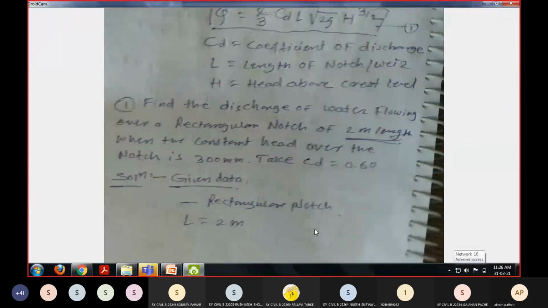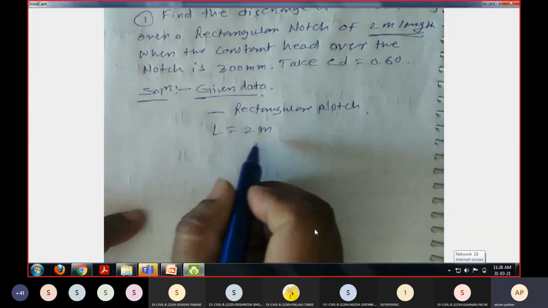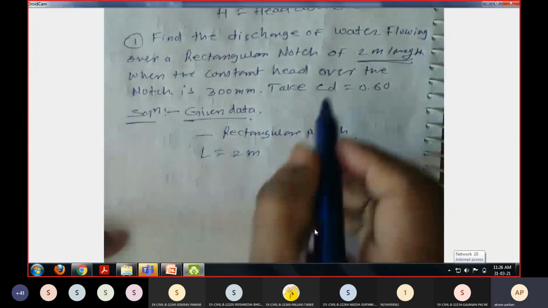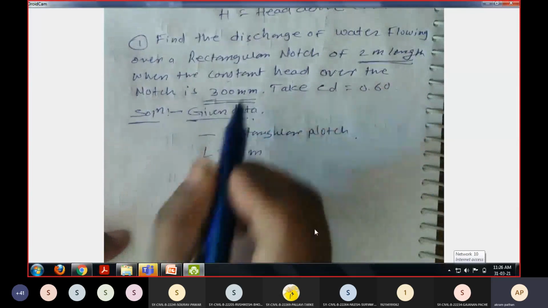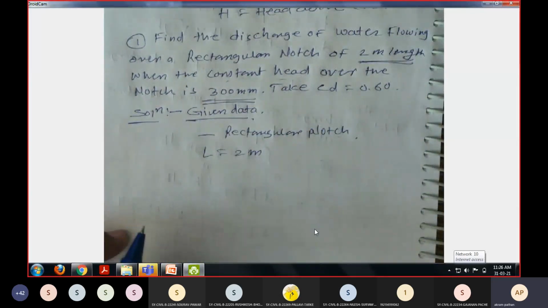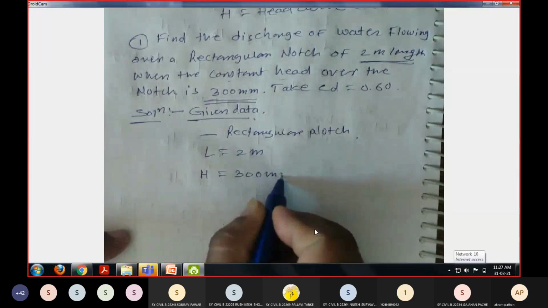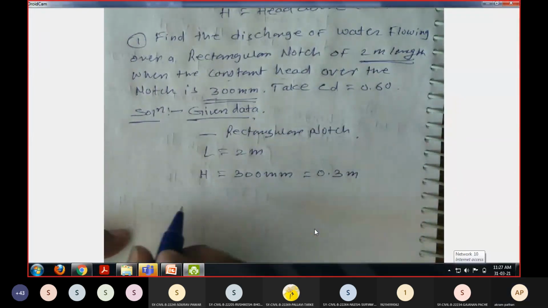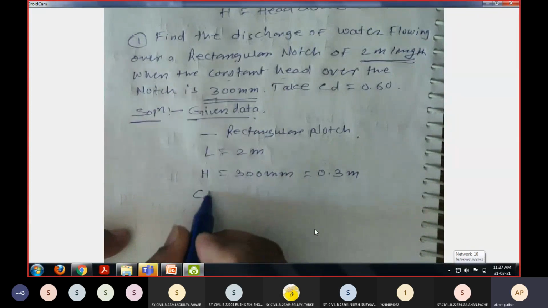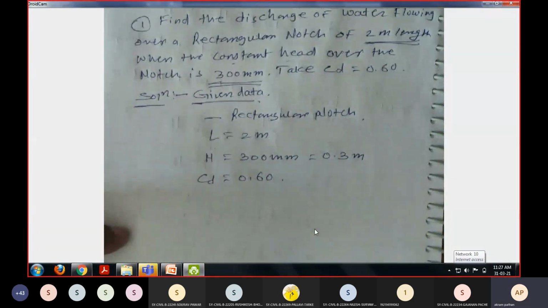Then what is given? The constant head over the notch is 300 mm. So head is 300 mm, that is 0.3 meter. Then CD is also given, 0.60.